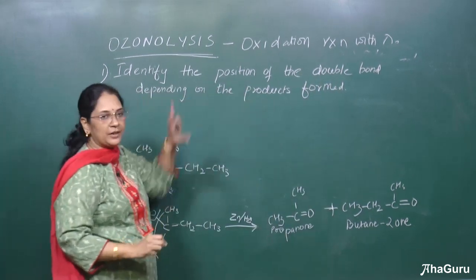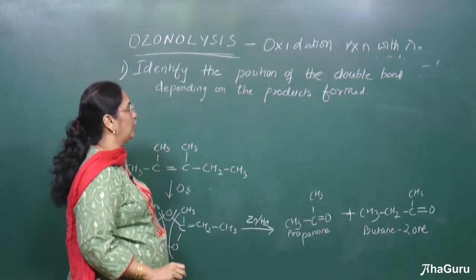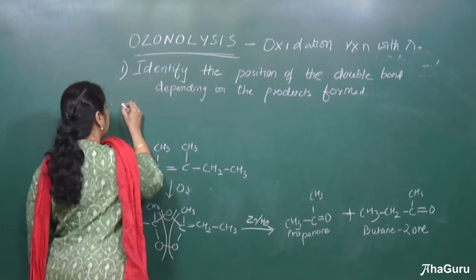Okay, so this is the first thing. We can identify where the double bond is in a compound. Now, what is the second thing?